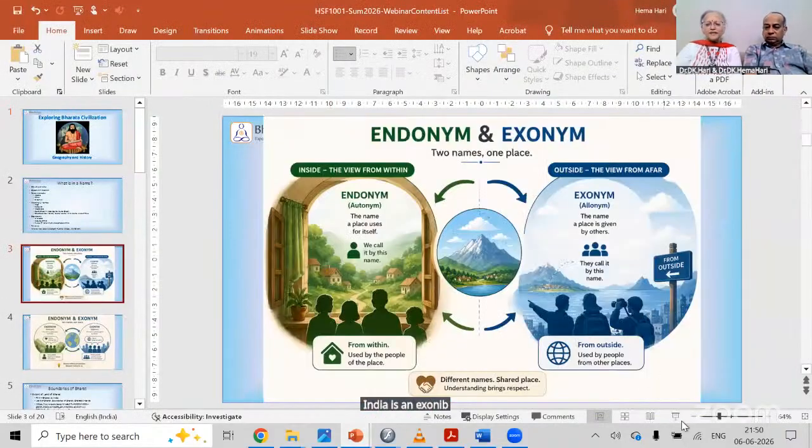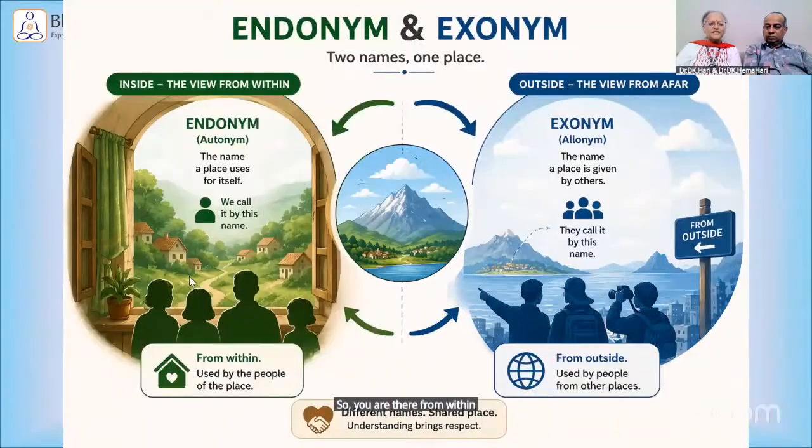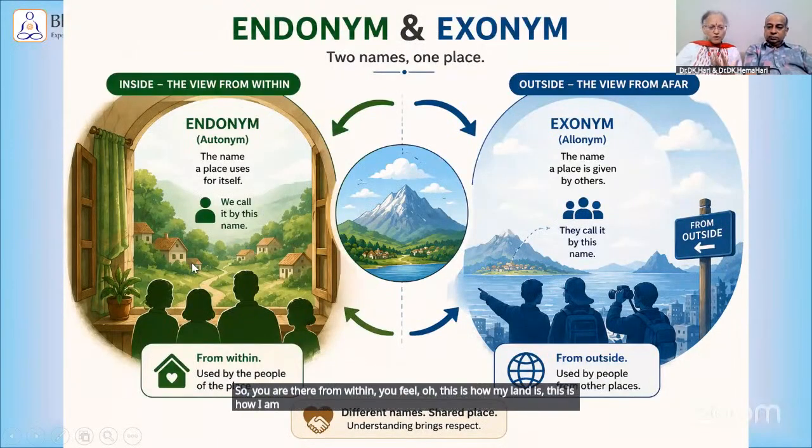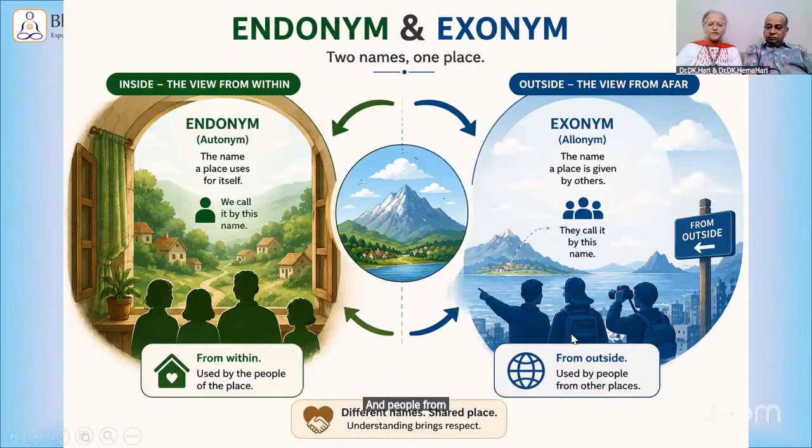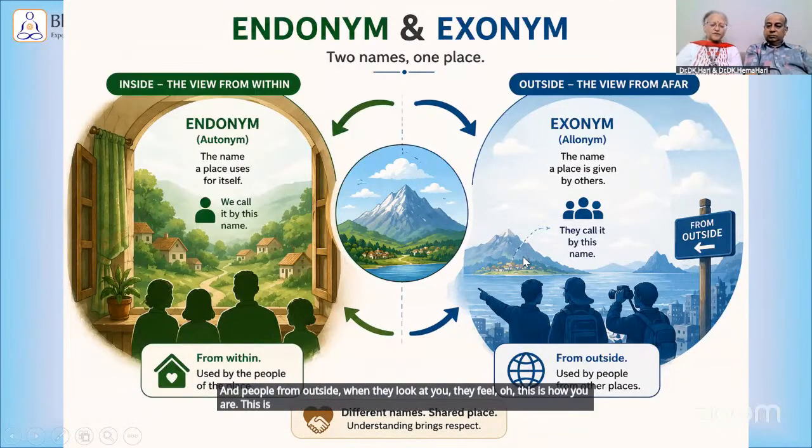So you are there from within, you feel, oh, this is how my land is. This is how I am. And this is what defines me. And people from outside, when they look at you, they feel, oh, this is how you are. This is how I can identify you. So they give you a name from their perspective. Both are right.